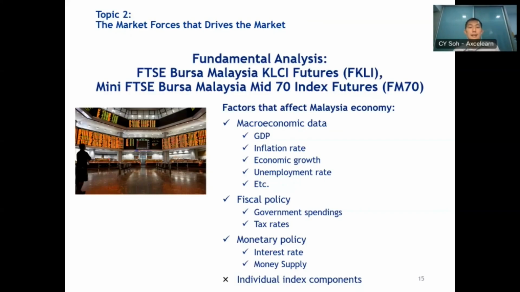For example, how the indices in the United States, such as the Dow Jones Industrial Average or S&P 500, are doing, and what happens in the Asian markets, for example the Hong Kong Hang Seng Index. The movements in overseas markets more or less have a relationship that affects our Malaysian index futures as well. So these are the general fundamental factors you want to look at when trading index futures.